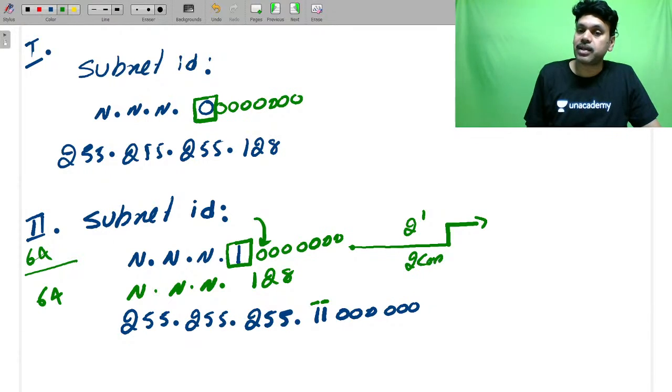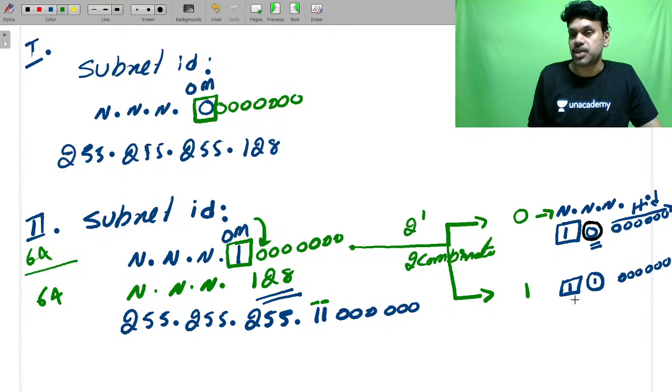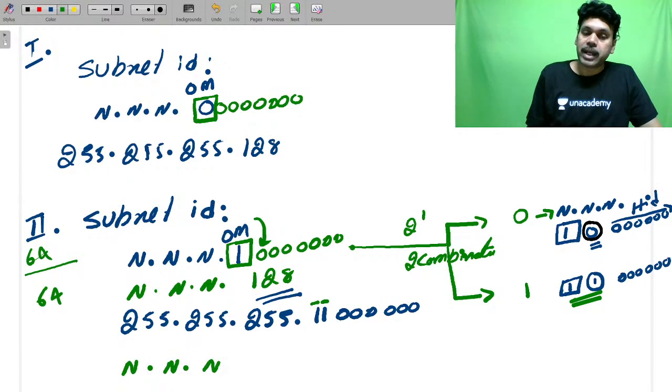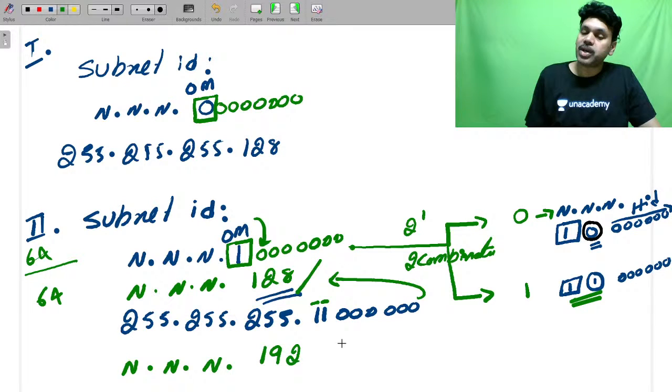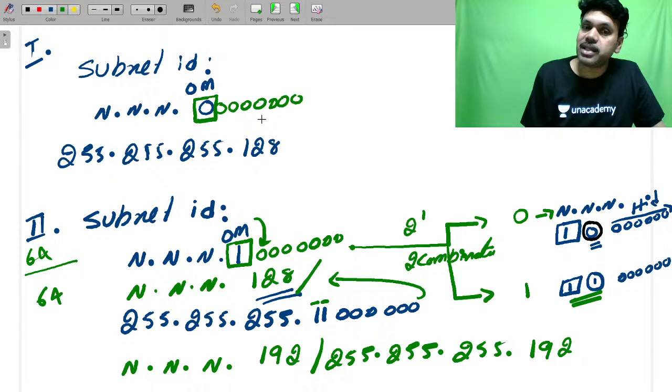You will get 2 combinations. What are the 2 combinations? Innermost subnetted. Again the bits change: double one means 192, triple n. What is your mask? 255.255.255.192.